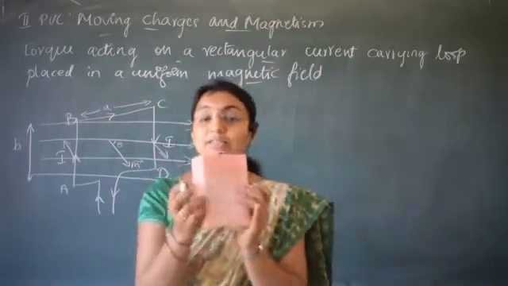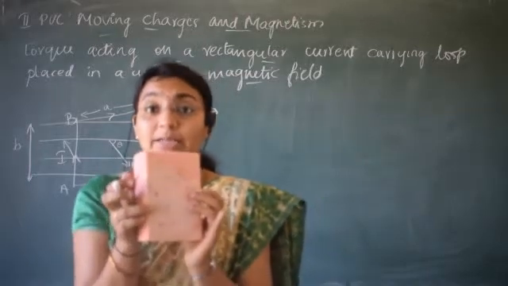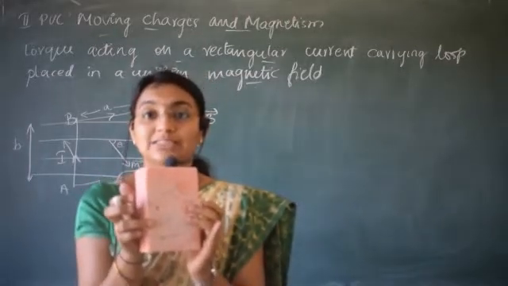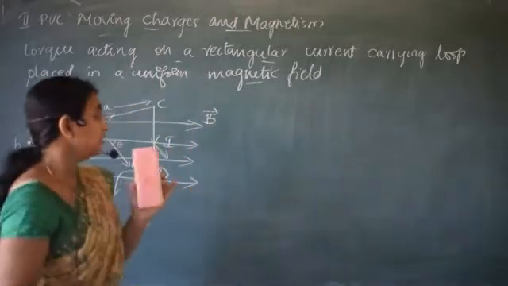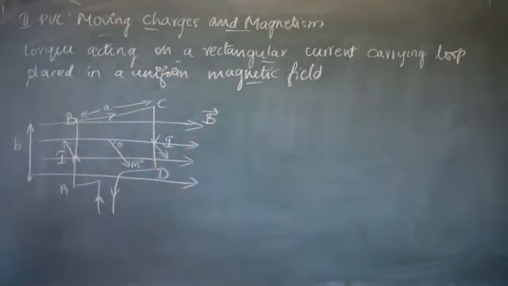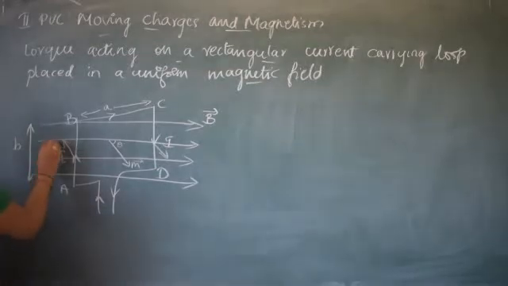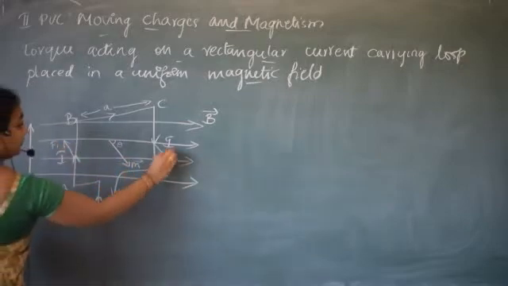A couple acts, that's nothing but torque. Torque will start acting on this body. So the forces on the arms AB and CD are equal and opposite, but there exists a torque. Let me draw the forces as F1 and F2.